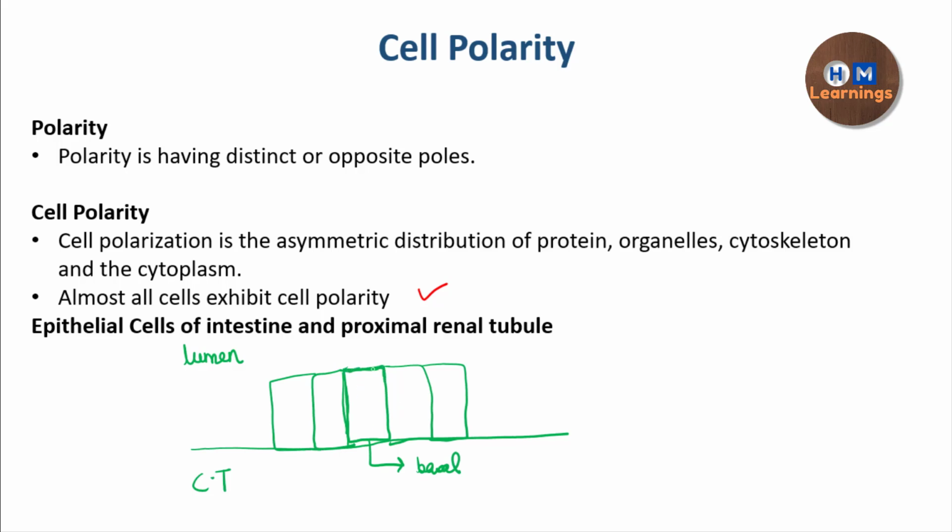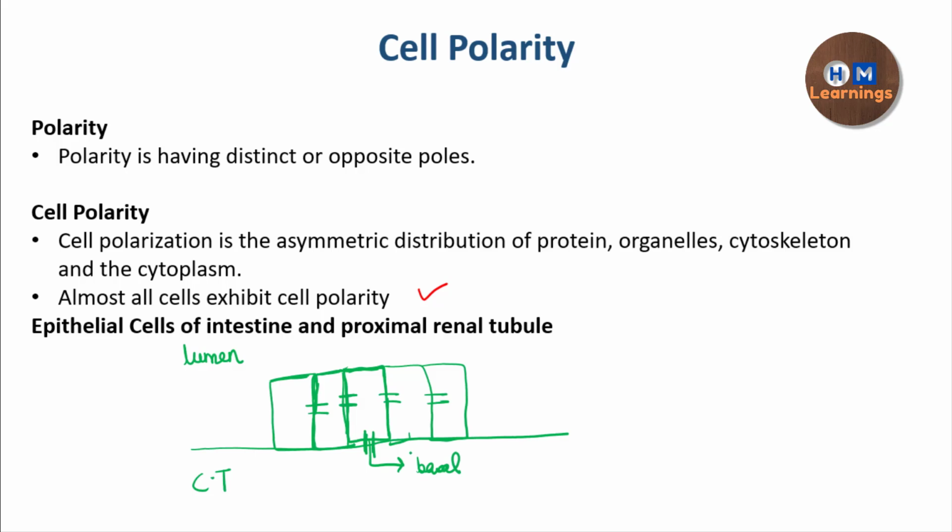You will see here that this is the apical membrane of the epithelial cells. These are the lateral membranes of the epithelial cells, and these lateral membranes are the membranes through which it is attached to the neighboring epithelial cells.